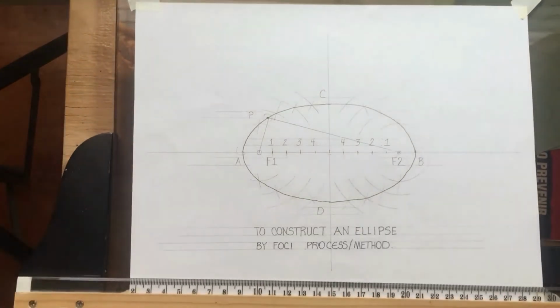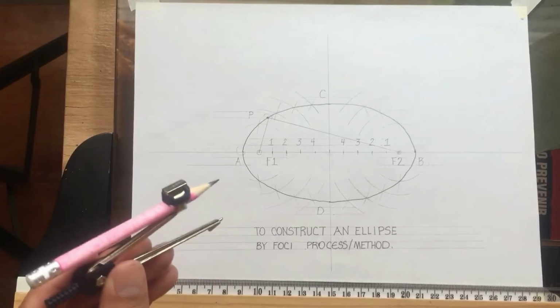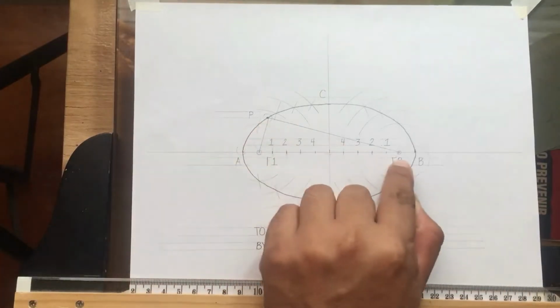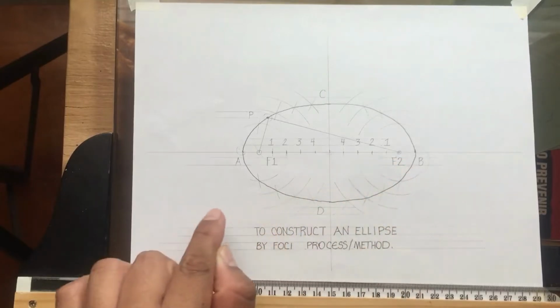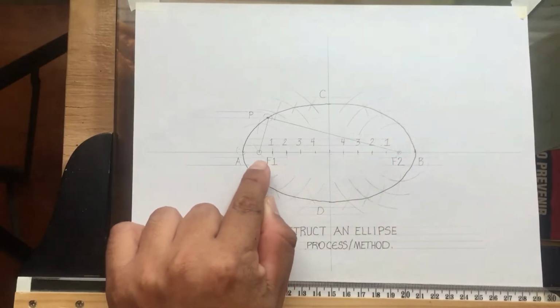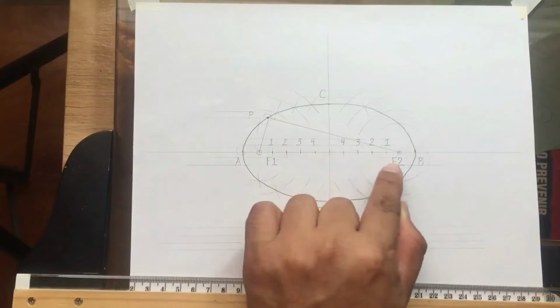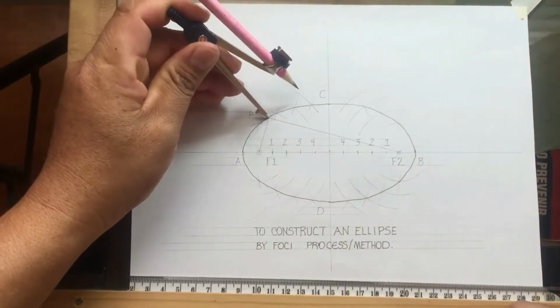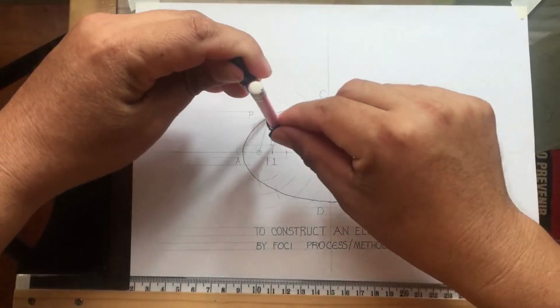We now want to use our compass. We want to bisect angle F1, P, F2. Once again, we want to bisect angle F1, P, F2. So I will set my compass at P, and I want to bisect this angle.